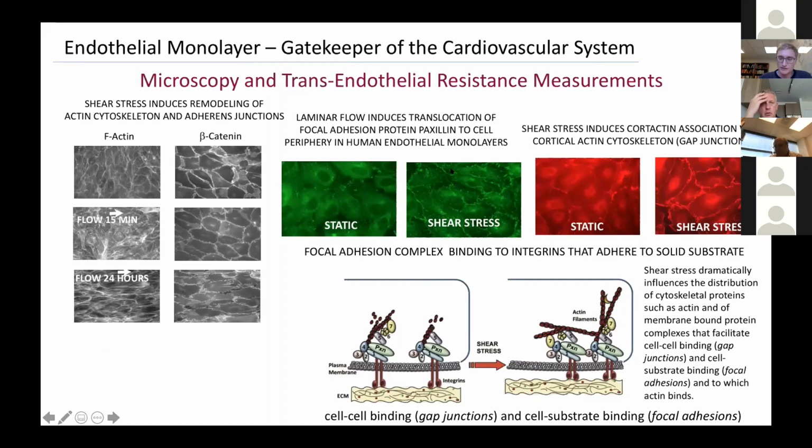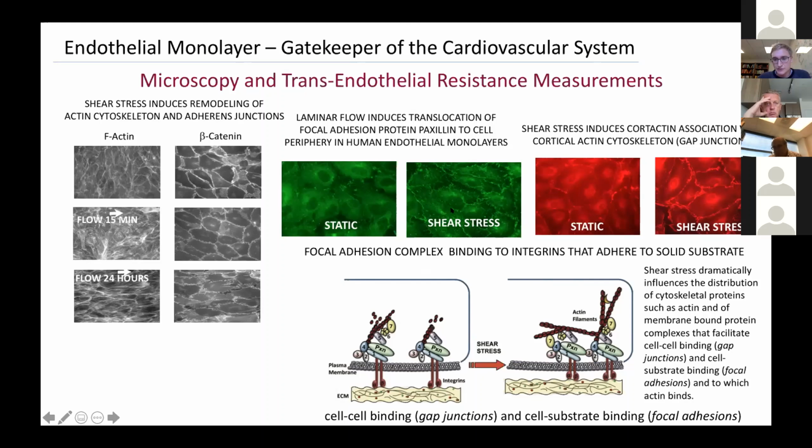This work was done in collaboration with Yarek and Konstantin Birukov, and shows endothelial cells under static conditions. You can see that the actin is not very well organized. Focal adhesions are not that prominent. Then if you put them under shear stress, you see this very large upregulation of cortical, meaning around the boundary of the cell, focal adhesions, as well as gap junctions.